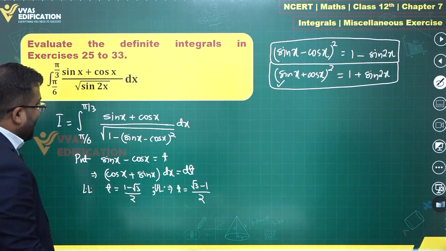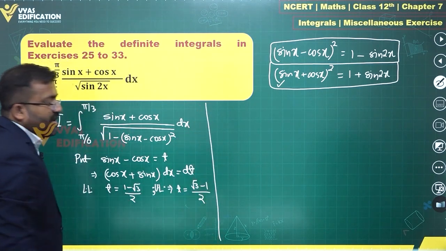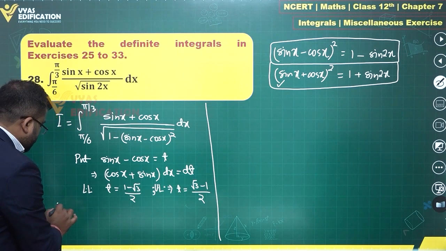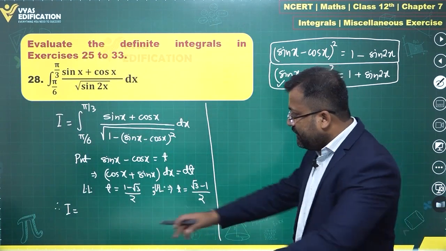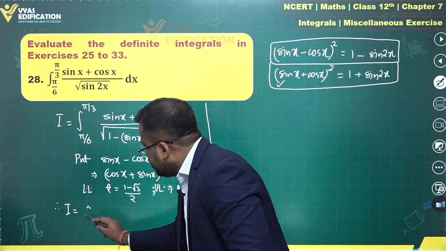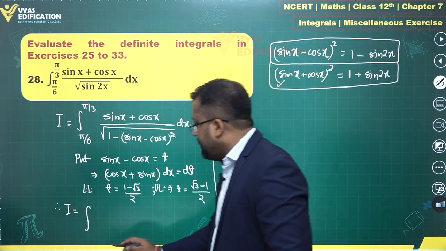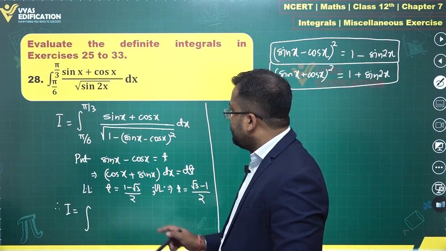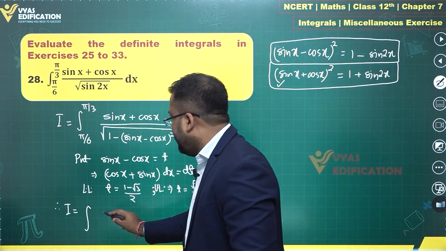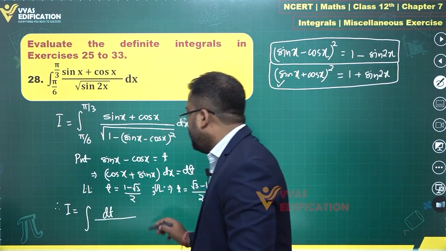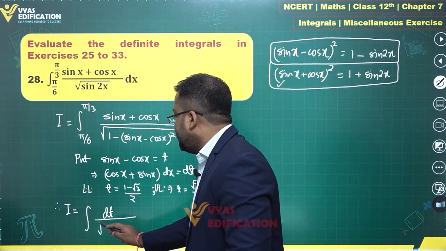Using these, the integral I will be equal to what? Let's take a look at that integral. Limits can be substituted. Lower limit will be 1 minus root 3 by 2, upper limit root 3 minus 1 by 2. Sin x plus cos x dx will be dt, upon under root of 1 minus t square is what I get.